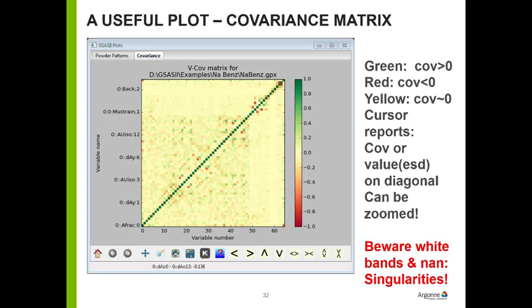So that's not really a problem, but just be aware that's what that is. The thing to beware of is white bands, and if you look at it, you'll get NaN, which is not a number. And that means that the least squares has detected a singularity and removed the parameter, or got choked up on it. Okay? So it's useful to look at that.